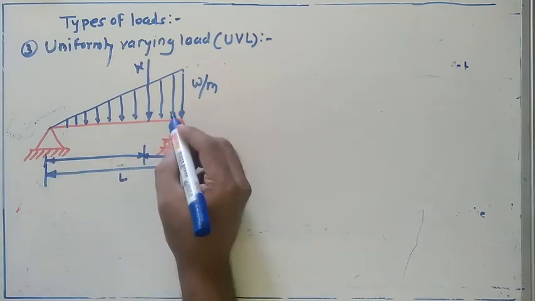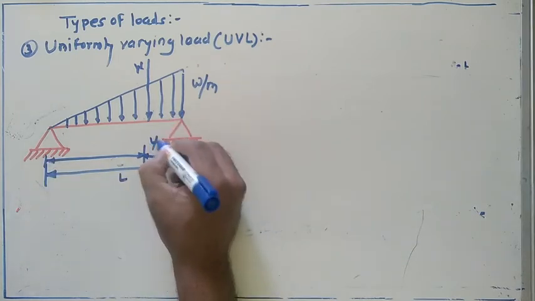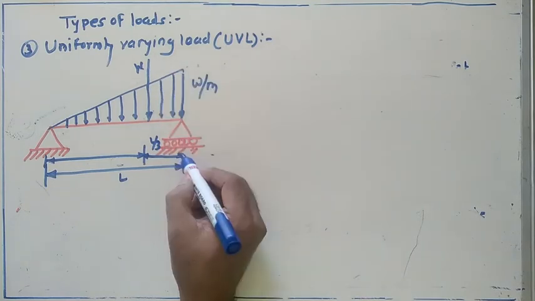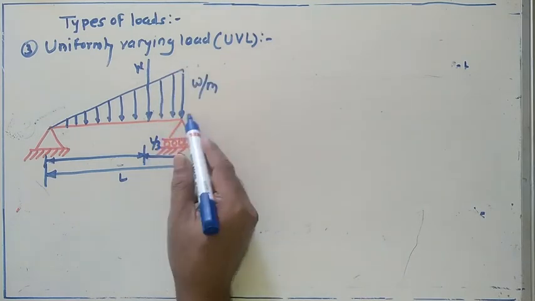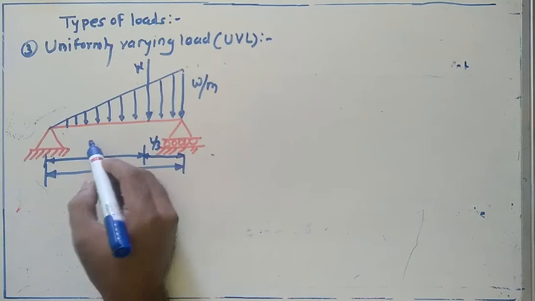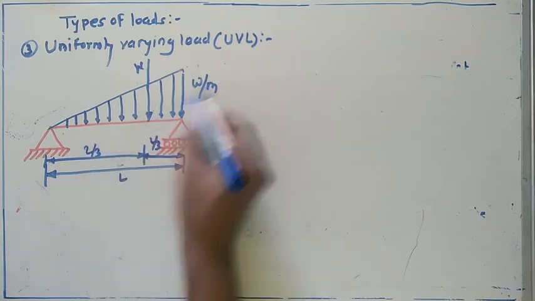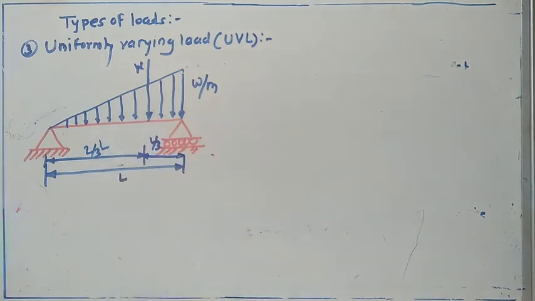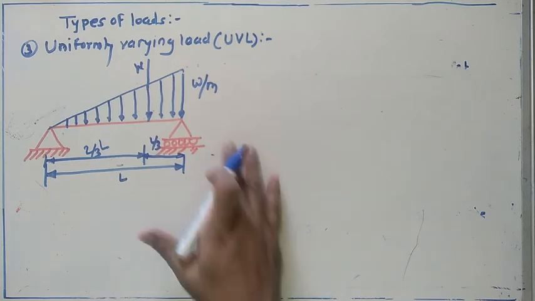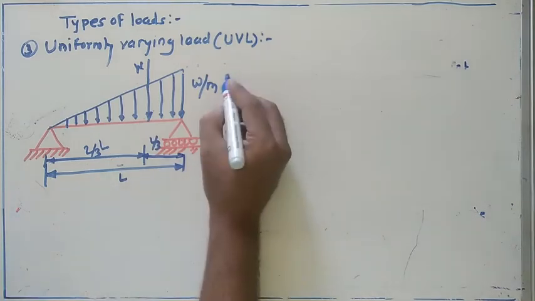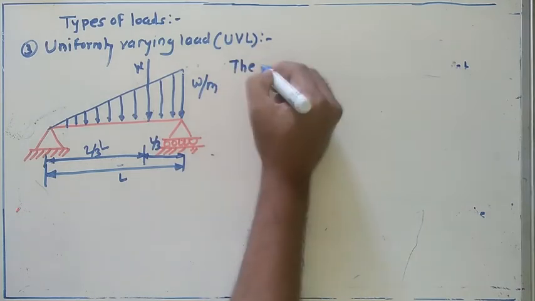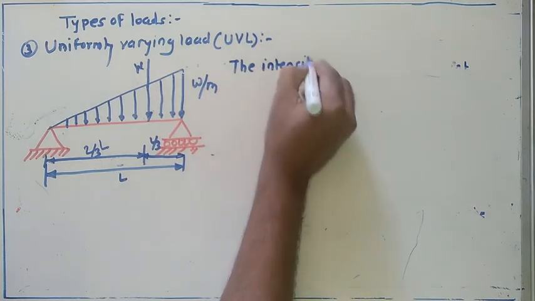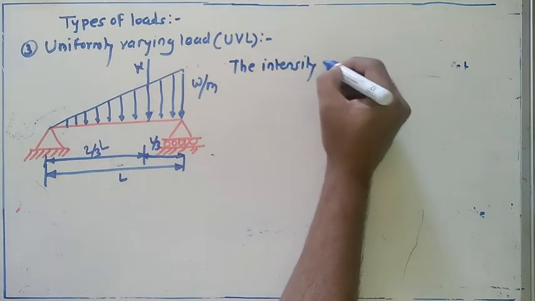So in short, from the front end, the location of this point load is at a distance of L by 3, and from the tail end, the location of this load is at a distance of 2 by 3 into L. Now see the intensity of load.